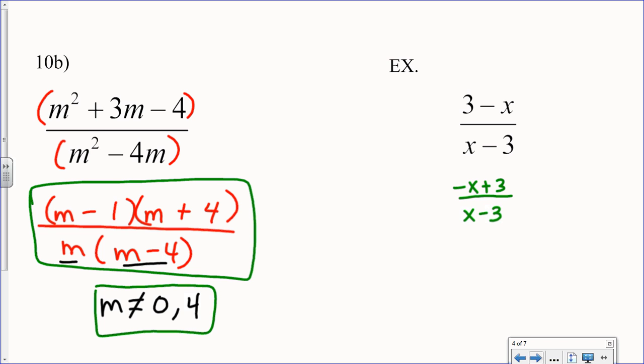So if your factors are the exact opposite, you can still cancel them. But they don't just completely cancel out, you're left with something. So I'm going to factor out a negative 1 in the numerator, which switches my signs.